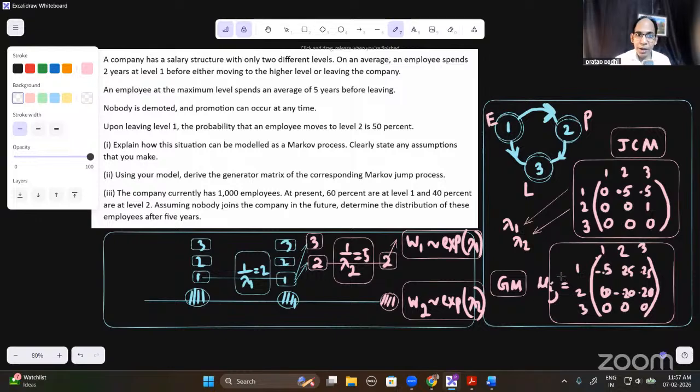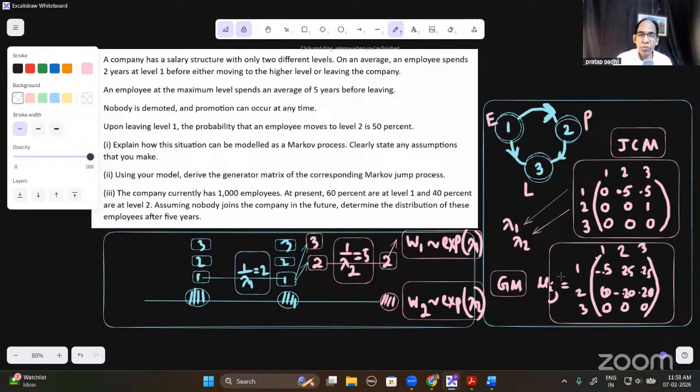Once I get the generator matrix, that means I know from any instant to the next instant, even if it's not a second or millisecond, it's the next instant, how it will make a transition. Like you can compare with CM1, force of mortality, mu. So once you get the generator matrix, that operates in continuous time. But again, from continuous time, we'll go to Markov chain.